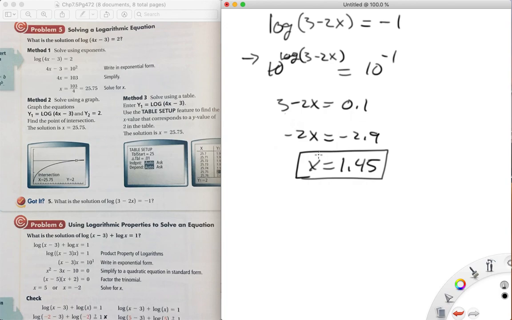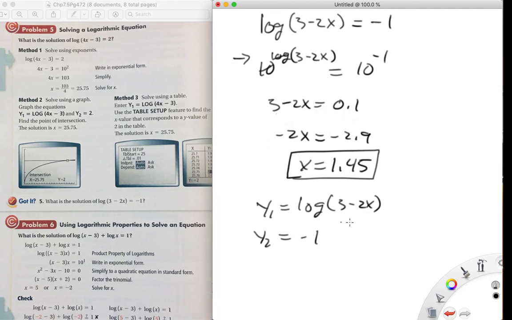Or I can graph it. That's method 2. And I do their intersection. So for my y sub 1, I would have log of 3 minus 2x, and then y sub 2 would equal y equals negative 1.